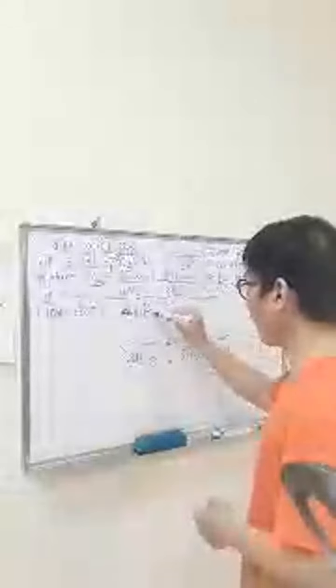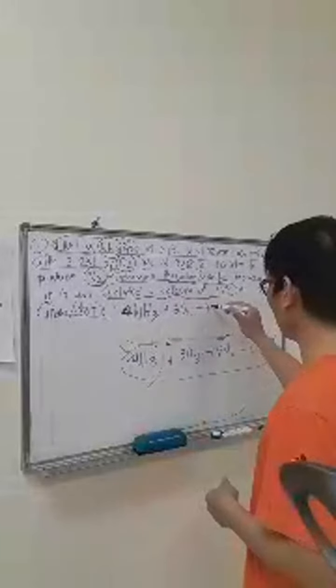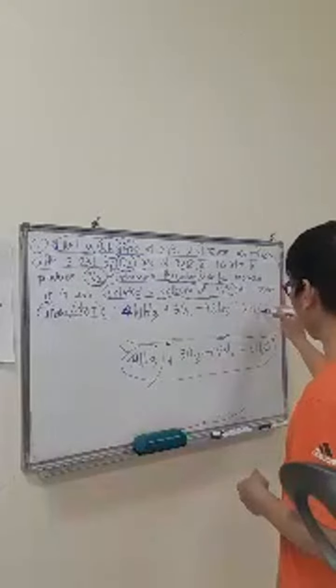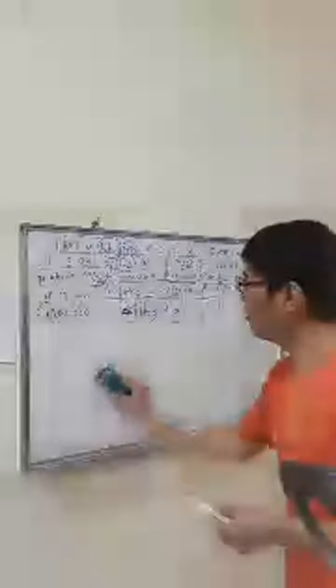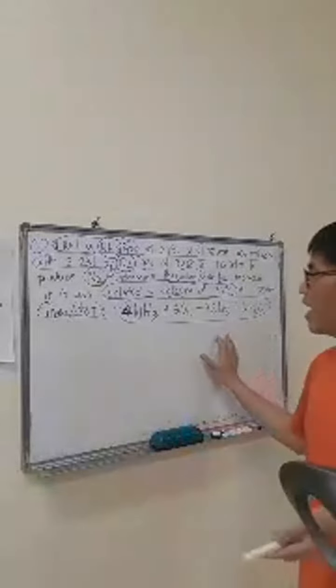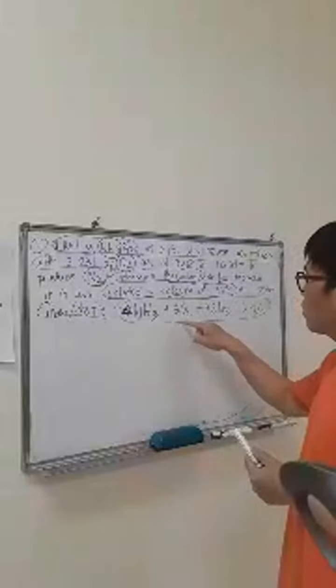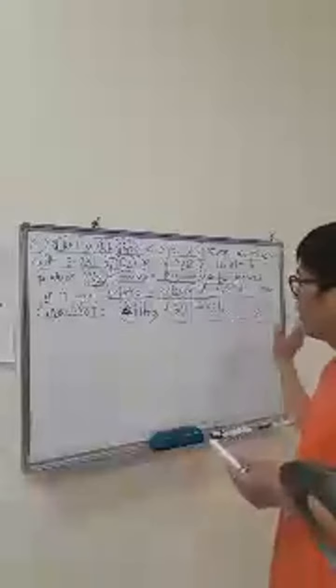Four moles of ammonia plus 3 moles of oxygen gas is equal to 2 moles of nitrogen gas plus 6 moles of water. This is our balanced, perfect chemical equation. This final chemical reaction has 4 moles of ammonia, 3 moles of oxygen gas, 2 moles of nitrogen gas, and 6 moles of water.